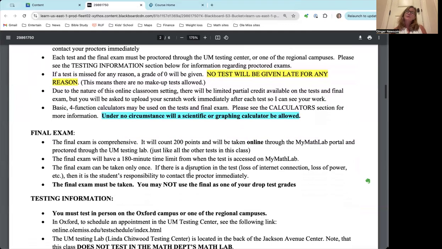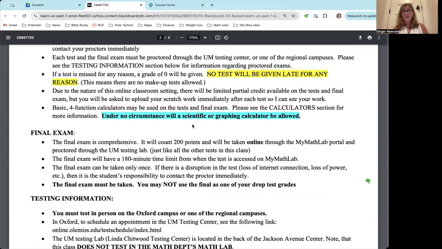Okay. When you're taking your test, and I have it highlighted in blue, you're not allowed to use a scientific or a graphing calculator, which I know most of you used graphing calculators in high school. But in pre-calculus and in Cal 1, we do not allow those calculators.